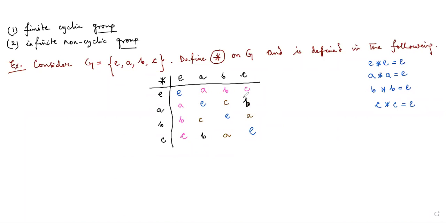This element B is written in black color, and the other elements, CA, CA, are written in brown color. So some kind of structure has been given to this particular table. In this manner, I have defined the table, and this is my operation.